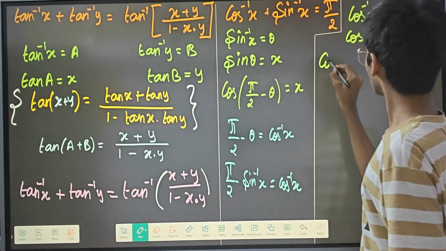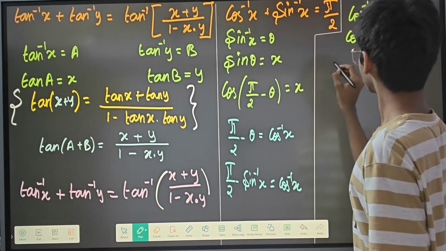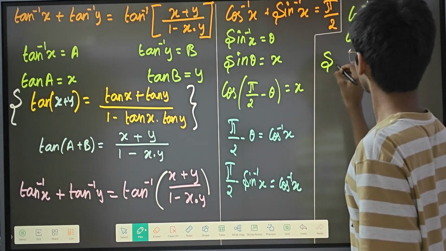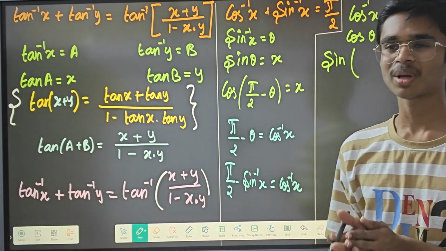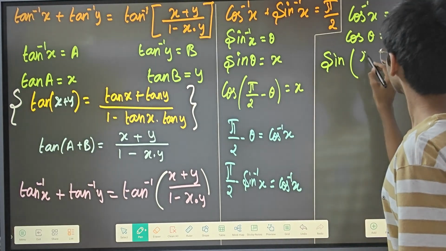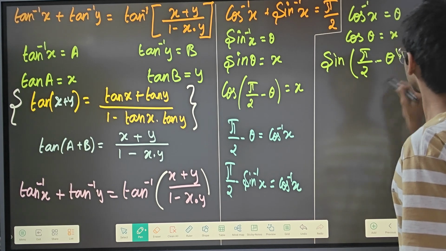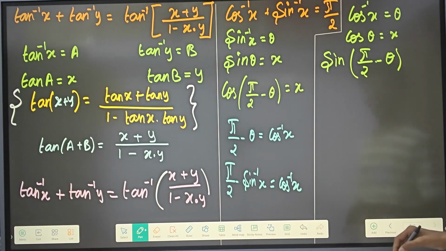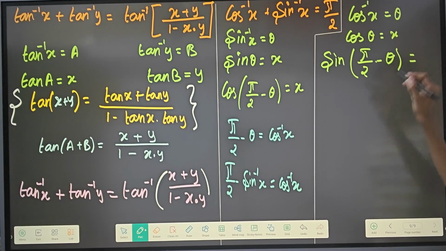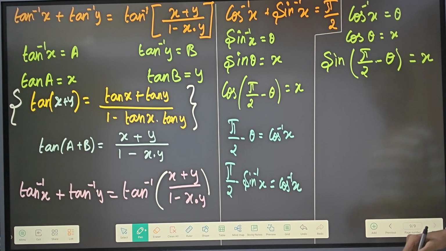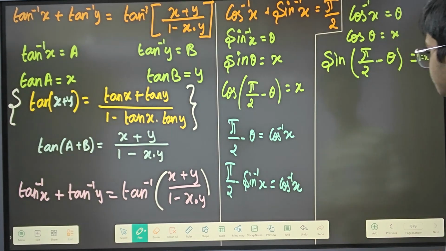You can convert cos theta into sine by the formula pi by 2 minus theta. You have to put pi by 2 minus theta only. So sine of pi by 2 minus theta is equal to x.